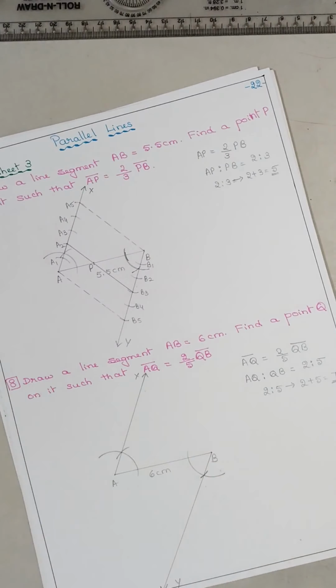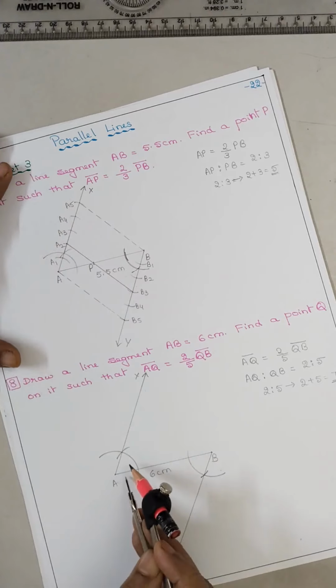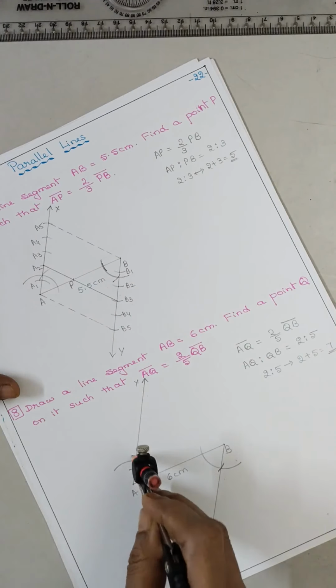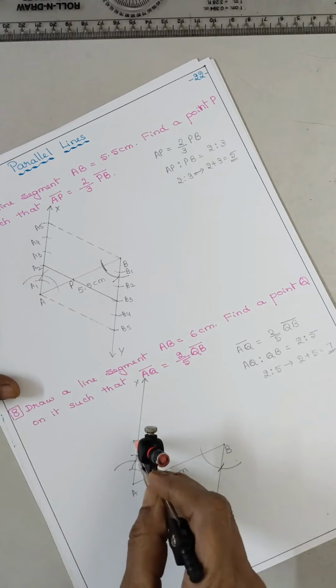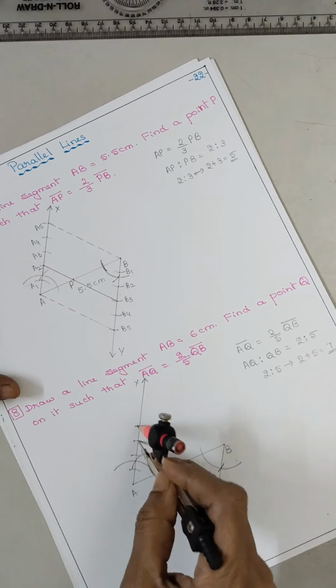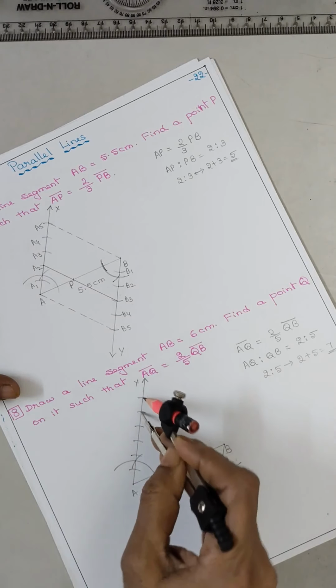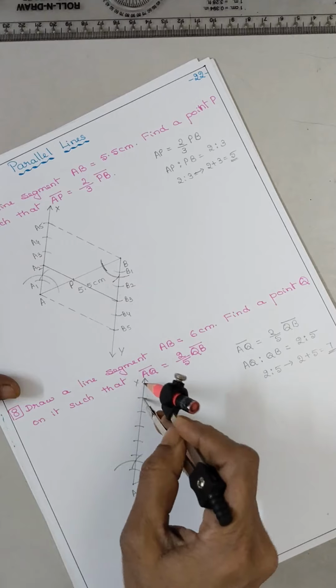Now 7 parts. So make small divisions. 1, 2, 3, 4, 5, 6 and 7.